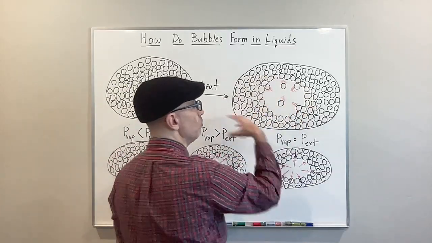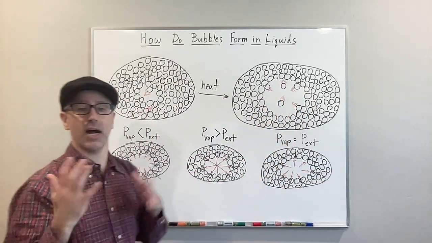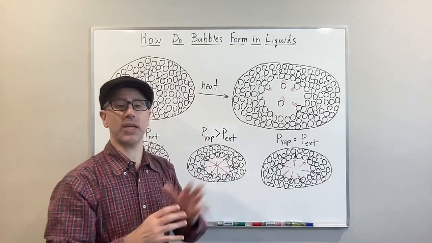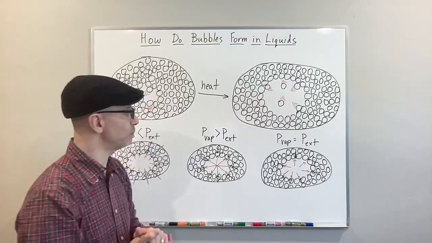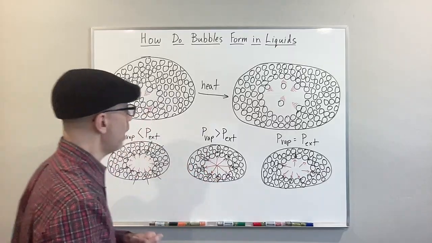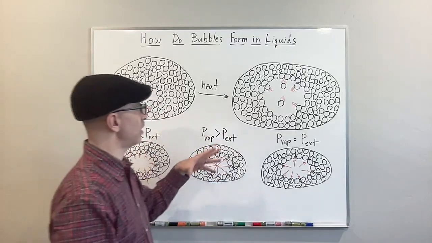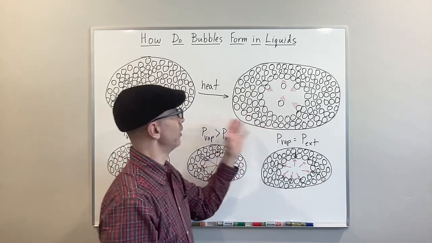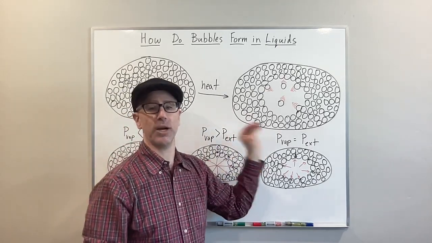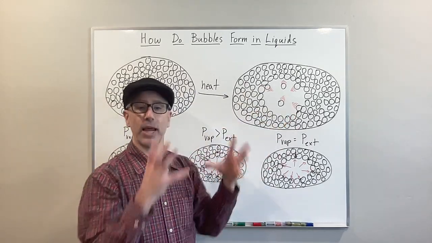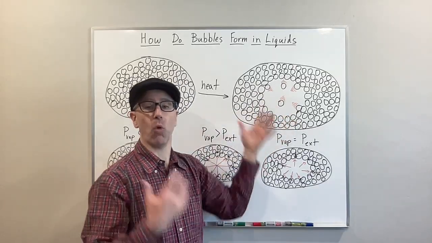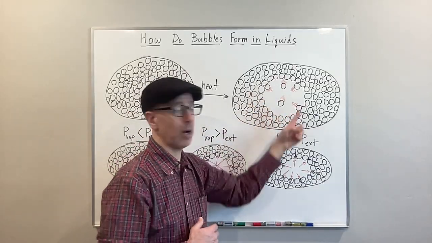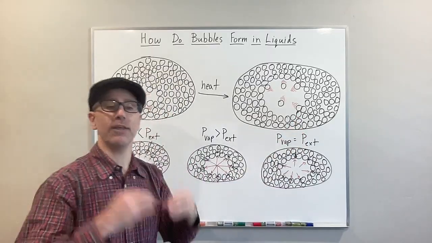And so again, it's a process between evaporation and condensation happening inside the bubble. As you're heating it up, more and more molecules can gain that amount of energy to break free from the surface and create more water vapor. And therefore, the water vapor inside the bubble can increase the vapor pressure.